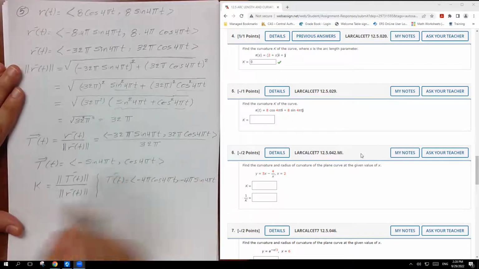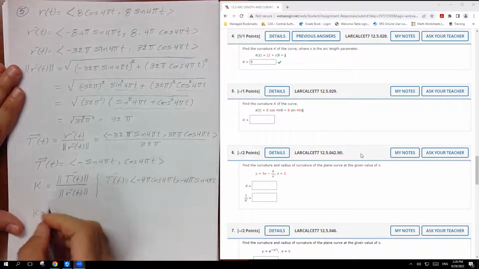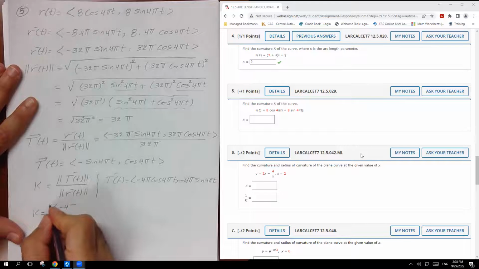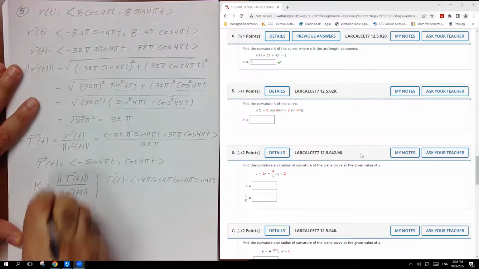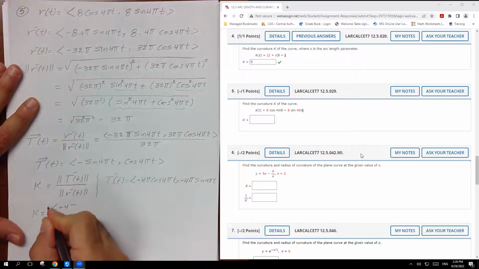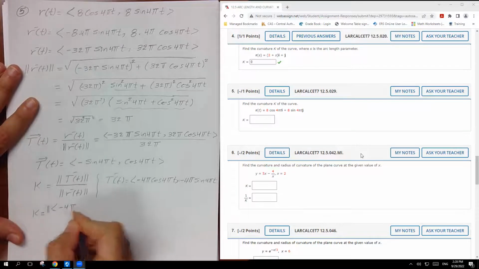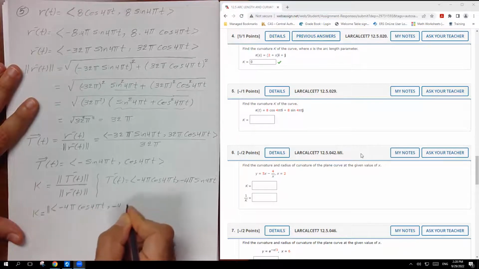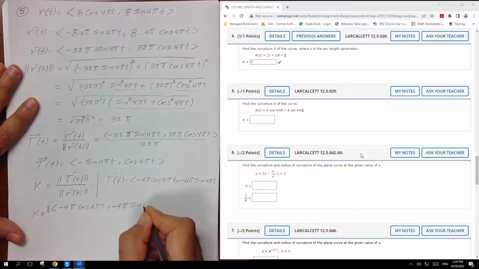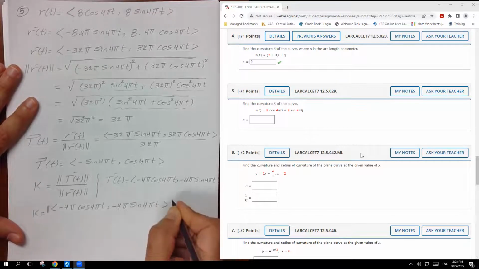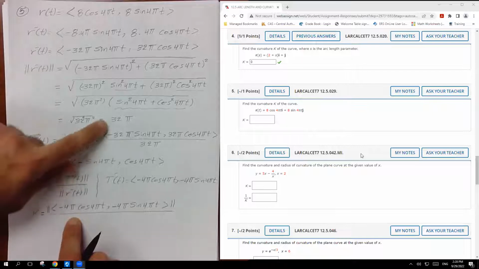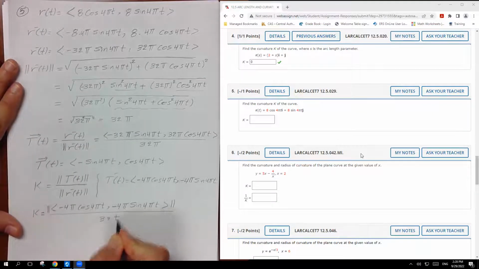Now we're just going to plug in this one. K is going to be equal to the length of T prime, which is negative 4 pi cosine 4 pi t and negative 4 pi sine 4 pi t, over the length of r prime, which is 32 pi.